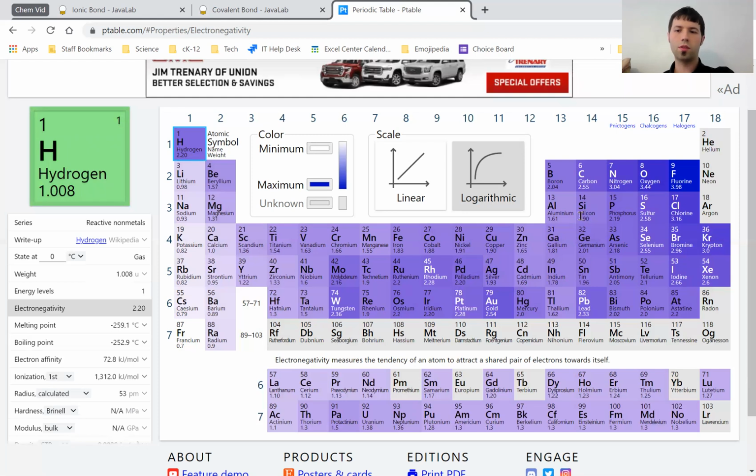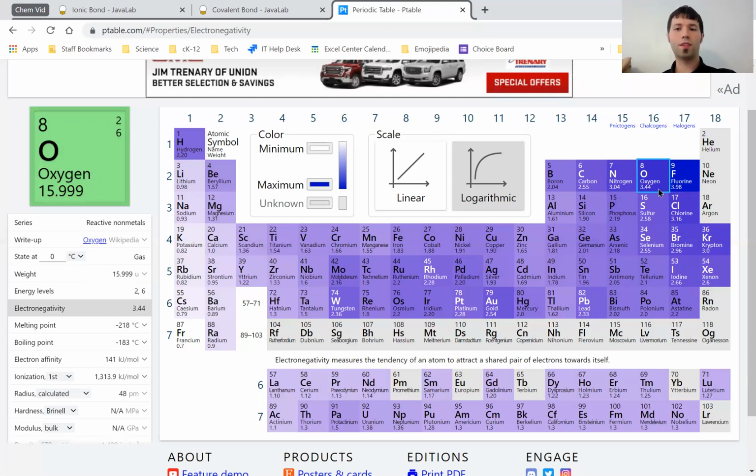Hydrogen is 2.00. I can do that in my head, it's around 1.2. So the difference in electronegativity between oxygen and hydrogen is around 1.2, which is less than 2.